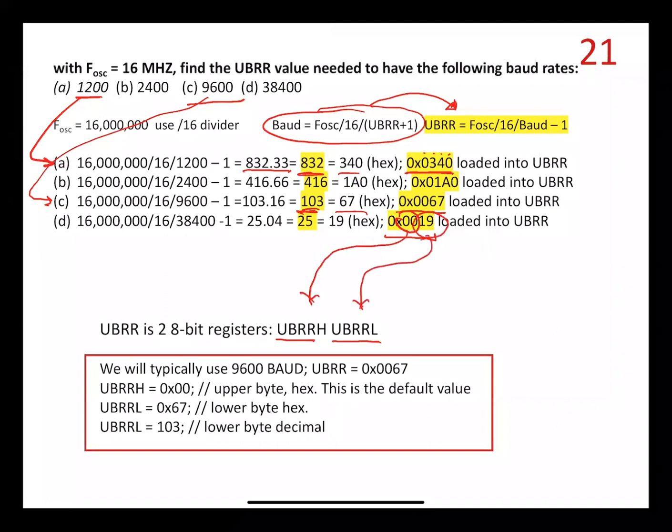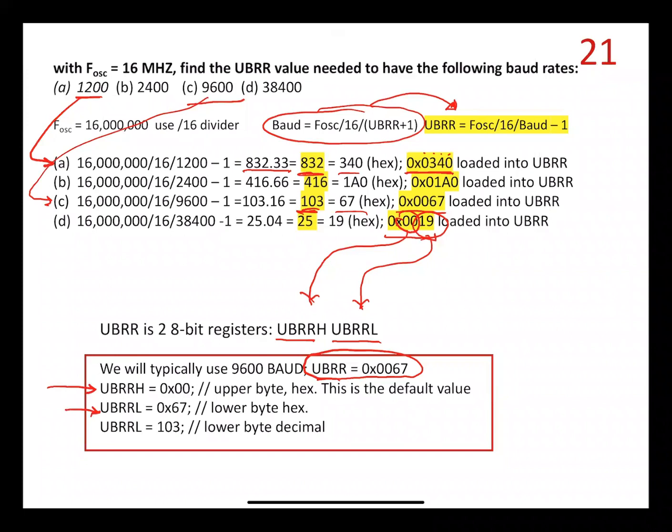Now, for everything we're going to do, we're going to be using 9600 baud to make this simple. So what we want in our UBRR is just 0x0067, and that corresponds to line C here. To do that, we would load 00 into the UBRR high register, and then load 0x67 into the low register.